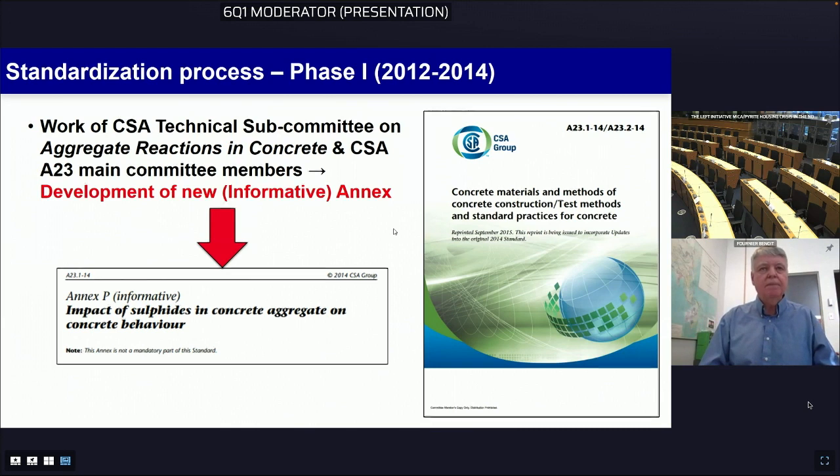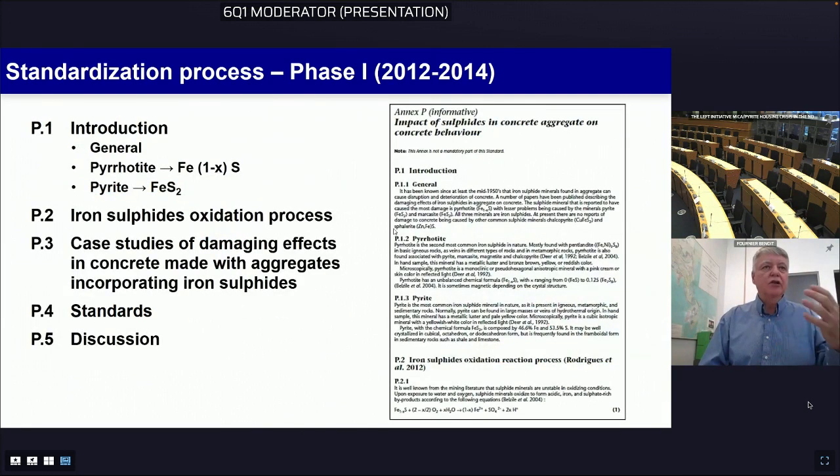This annex included some general information on sulfide minerals, the oxidation process, a literature review, a review of standards around the world, and also a discussion at the end to give some highlights and some recommendations to engineers on how to deal with this issue.